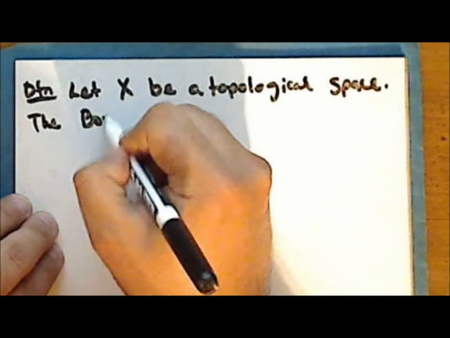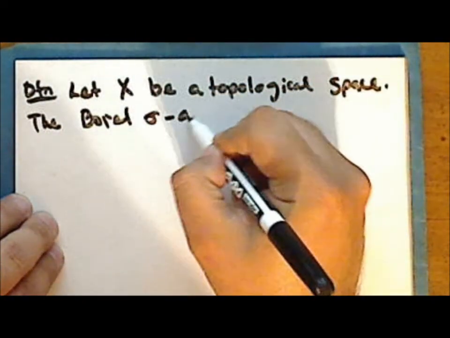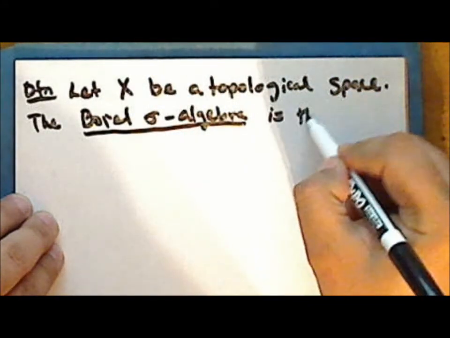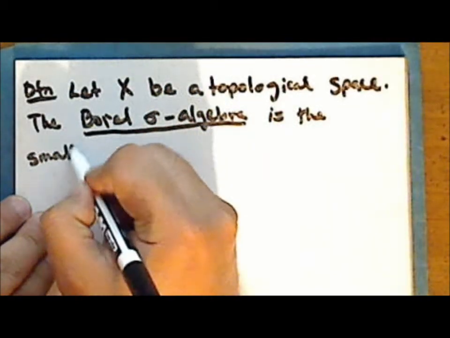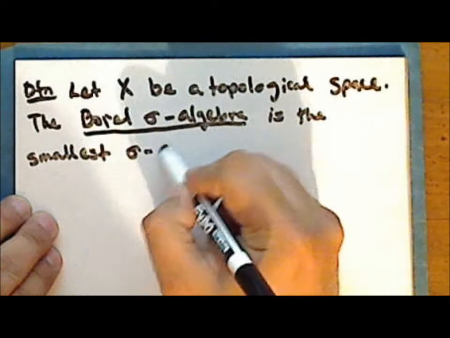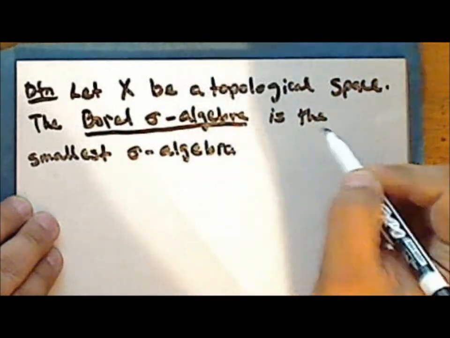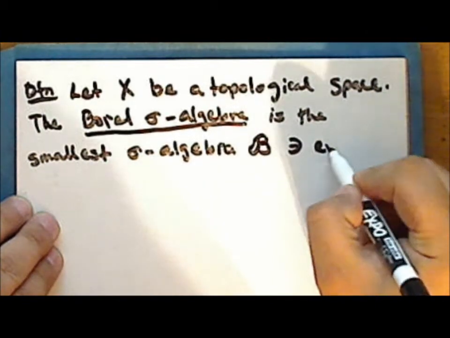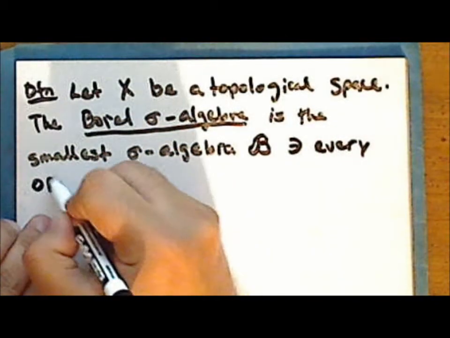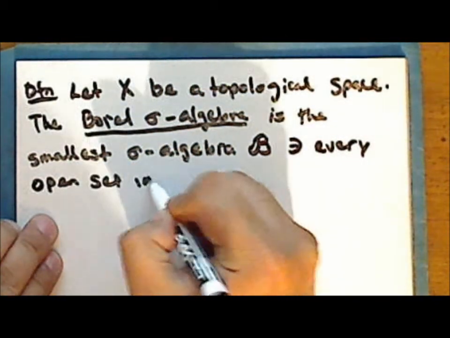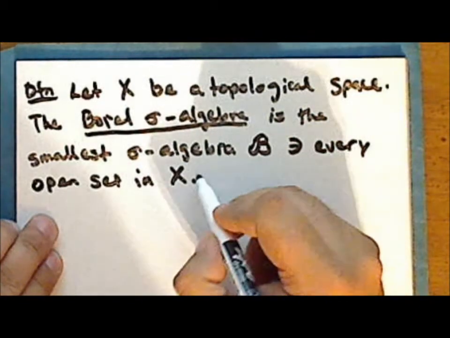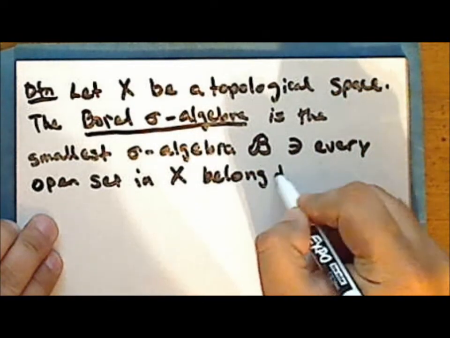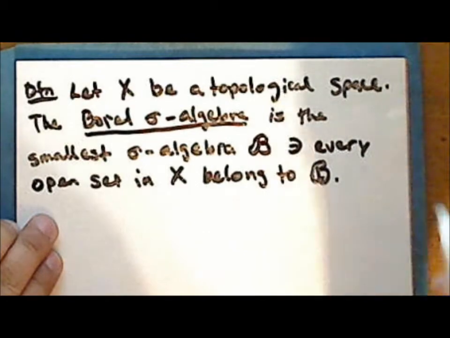The Borel sigma algebra is the smallest sigma algebra, which will be given the symbol script B, such that every open set in the topology on X, or every open set in X, belongs to this sigma algebra.